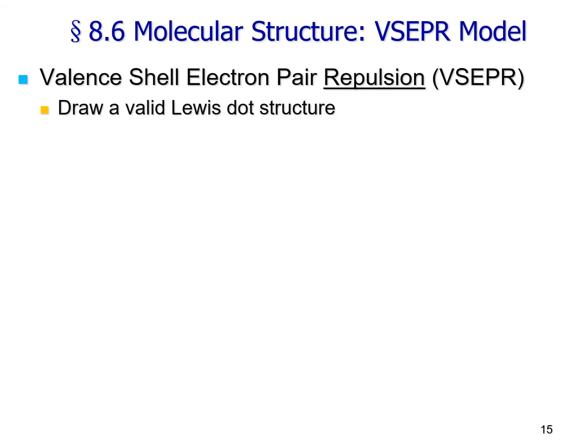In order for us to carry out this VSEPR model, first we need to draw a valid loose dot structure. When I say valid, that means the octet or duet for all the elements in most cases. In our second half, we'll talk about some exceptions we might see.